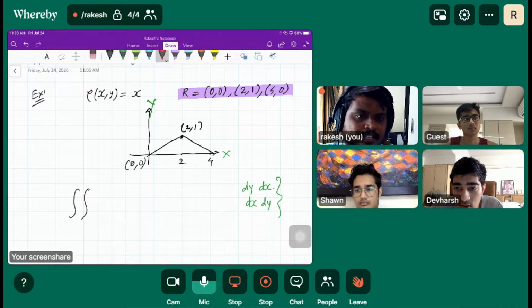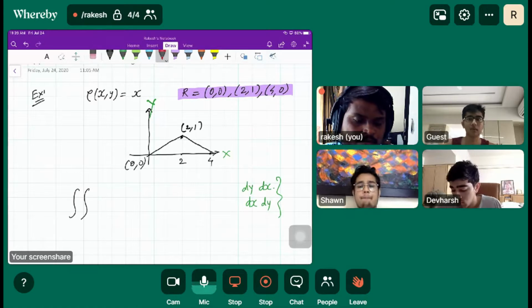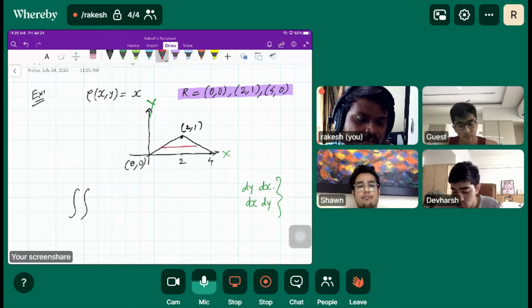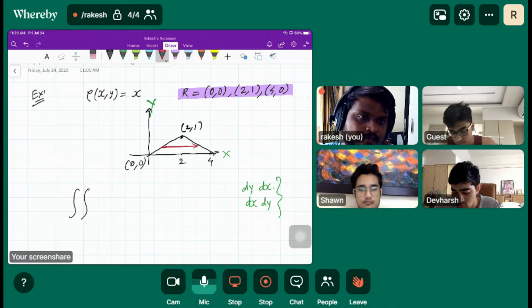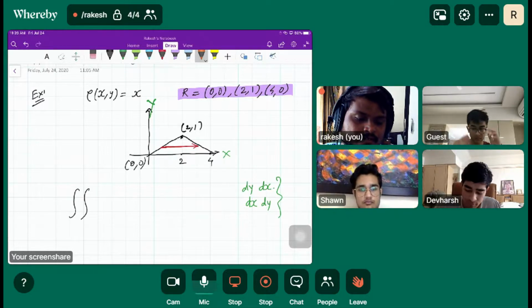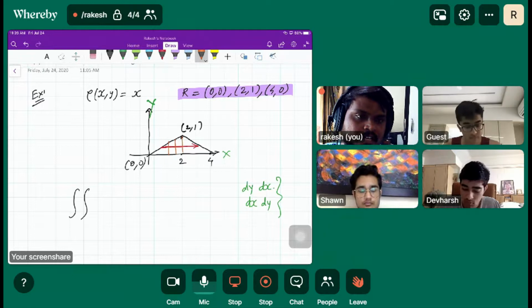You can take any order, fine, but if you select the region along the x direction first, we are not switching the function. If you go along the x direction, we are not switching the function, whereas if you go along the y direction, we switch the function after some interval. Are you getting that?